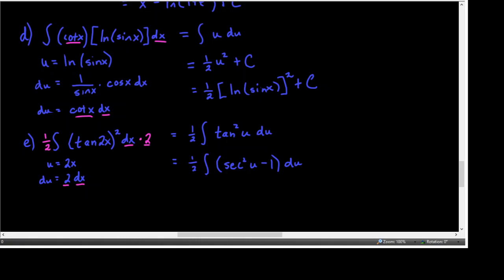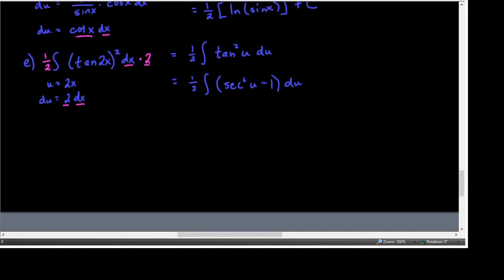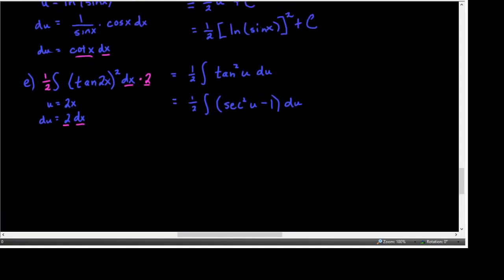You'll hear me say this probably several times during this course, but everything you've ever learned from a prior course, you get to see it again at some point or another in this course. So that trig identity is a good example.